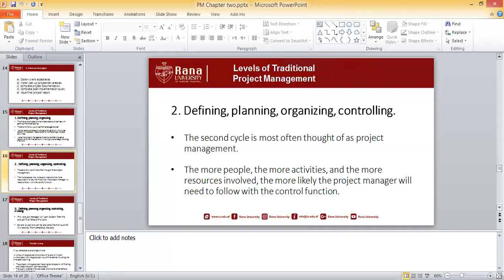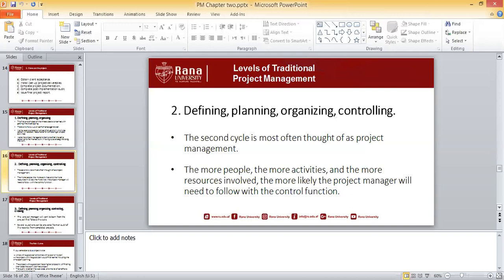So the first cycle merely fits into the definition of project management, but the second level specifically comes under the project management phases or levels. When you have more people, you will have more activities and more resources, and the project manager has to apply the control function. And what exactly is the control function?